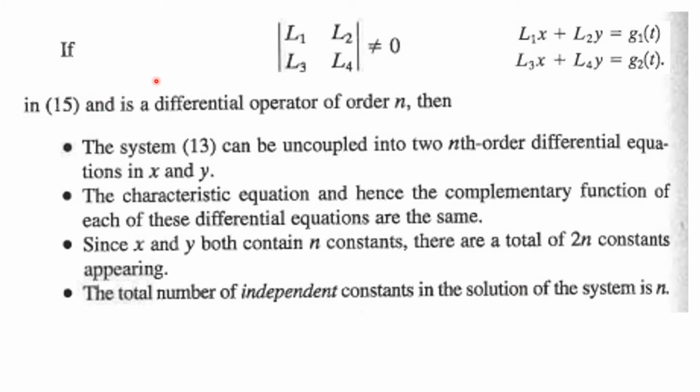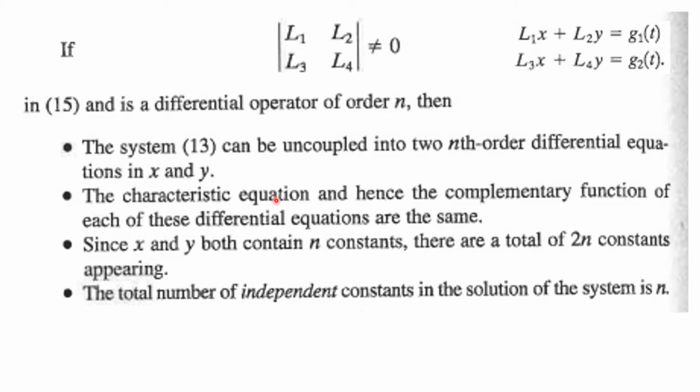As in Cramer's rule, if this does not equal 0 in 15, and this is a copy of 15, and this ends up being a differential operator of order n, then you can see that the system can be uncoupled into two separate nth order differential equations in x and y.